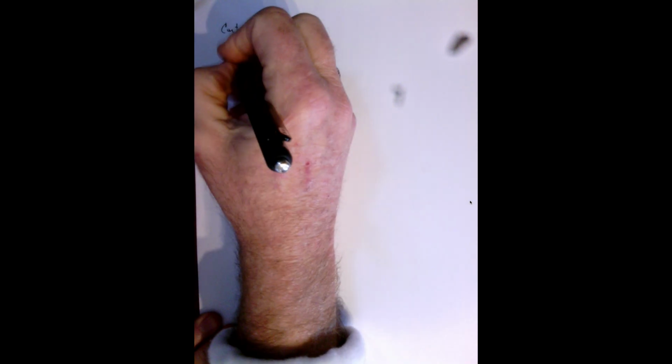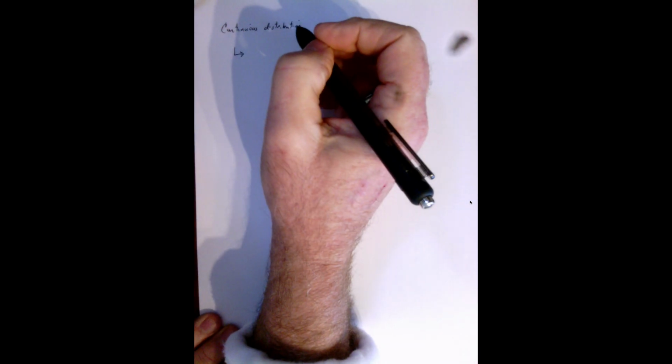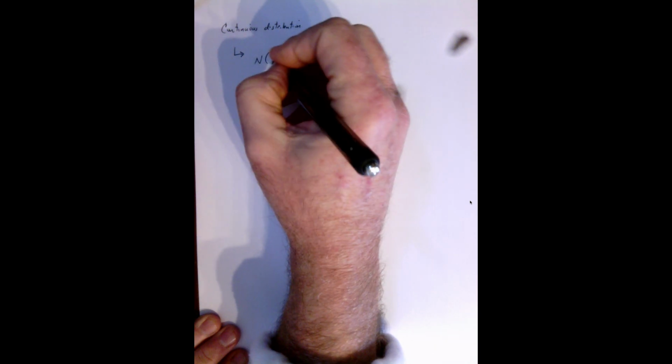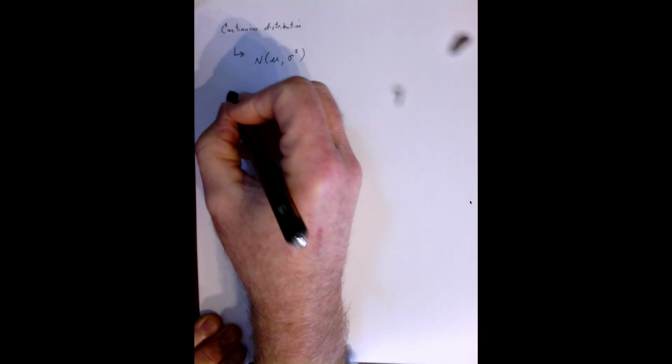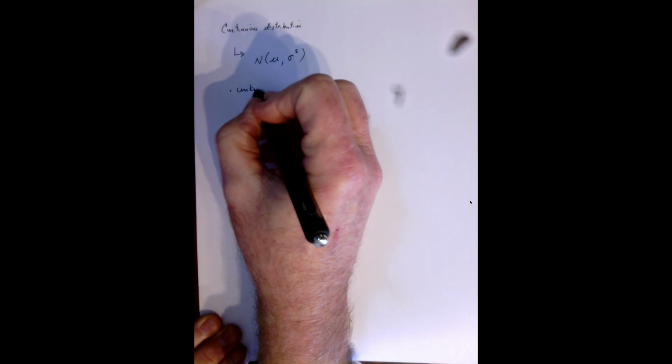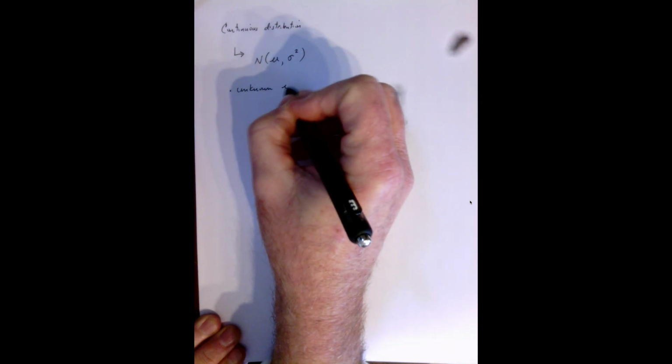And so for the sake of this example, let's use the normal distribution with mean mu and variance given. So we're going to have an unknown value of mu.